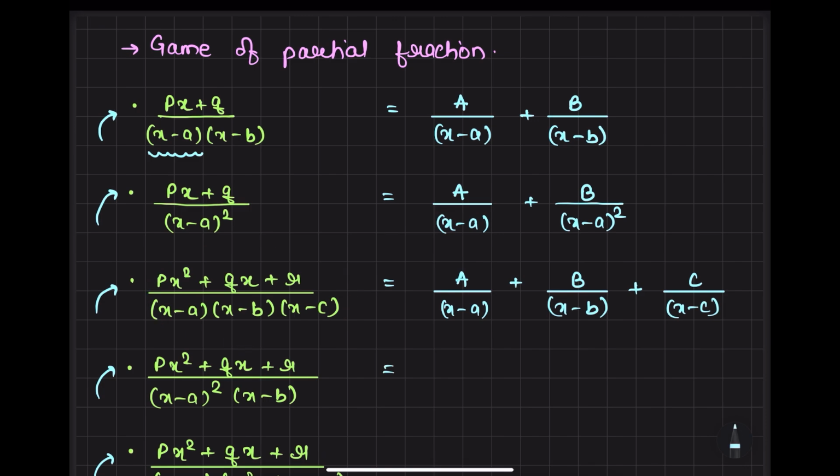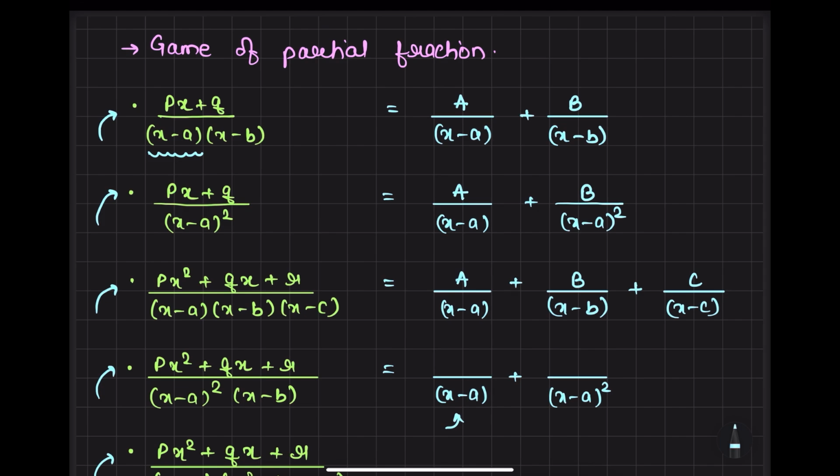Now look at this component. Look at the denominator. The first factor is x minus a. You start from x minus a to the power 1 and write till the given power. So this is the first one I wrote. Now we have to write another term, so we increase the power. Earlier we wrote 1, now we write 2, and this is 2, so we stop here. Now what is inside the bracket?